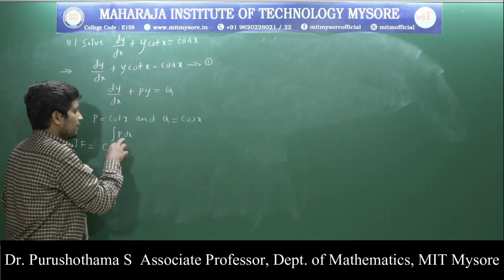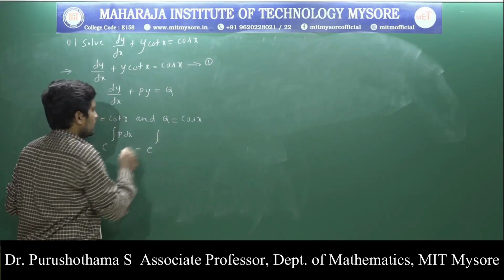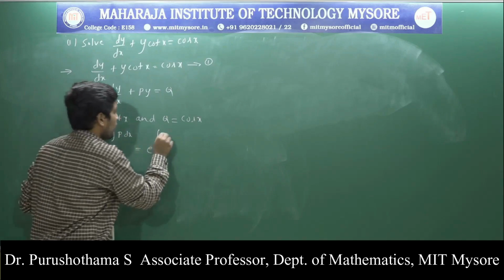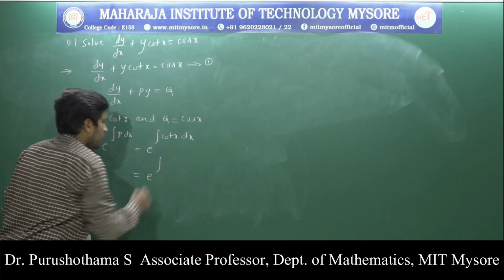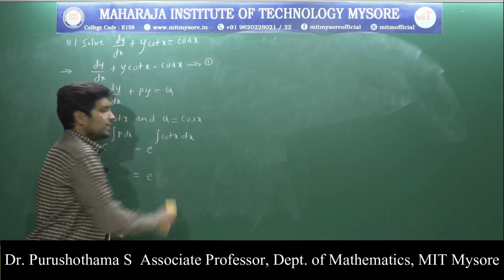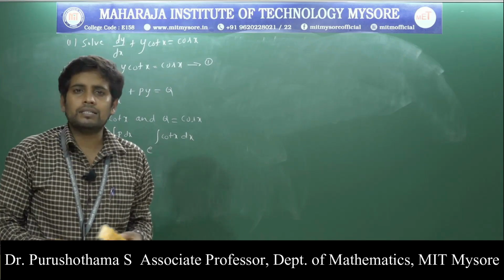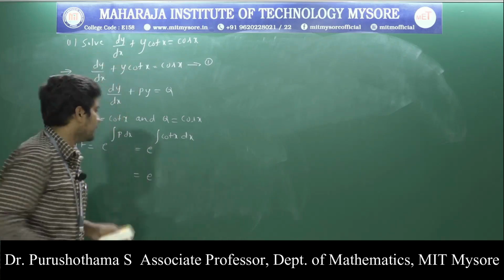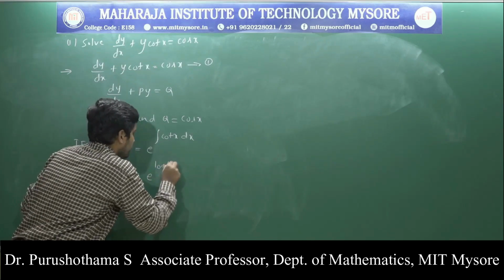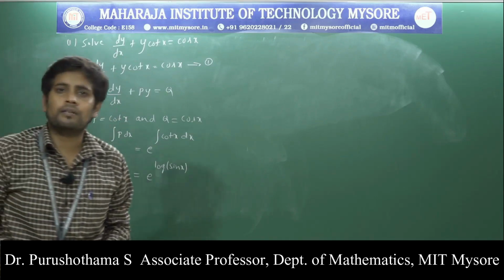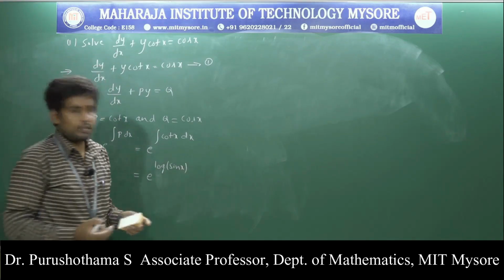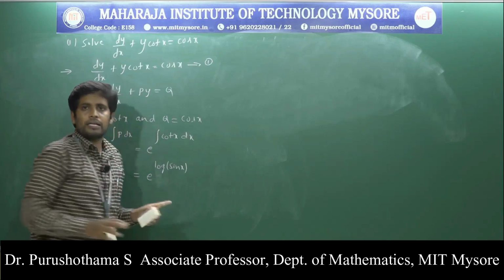Therefore, e power integral of p dx is the same as e power integral of cot x with respect to x. We know that the integration of cot x is log of sin x. Here I am using the properties of logarithmic function. Already we know that e power log x is nothing but x.